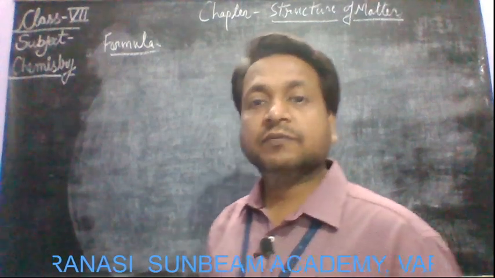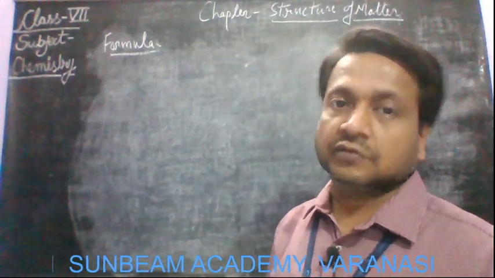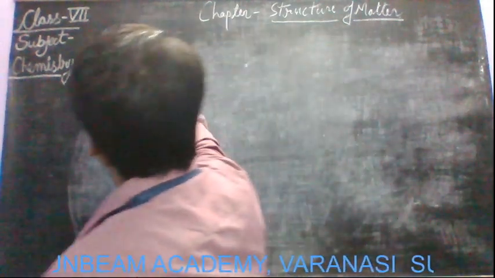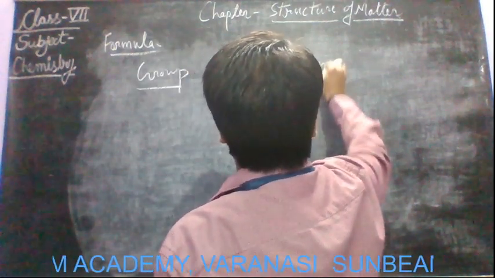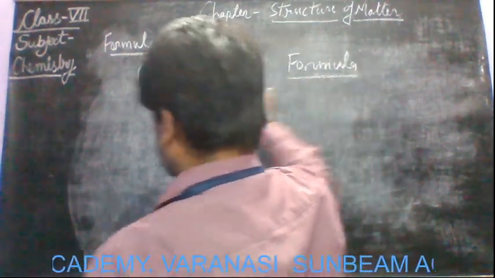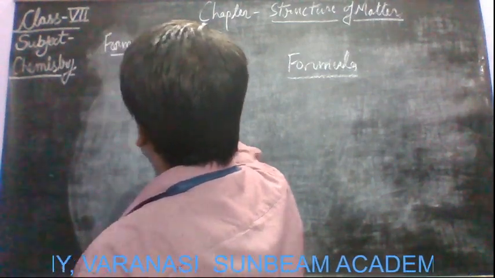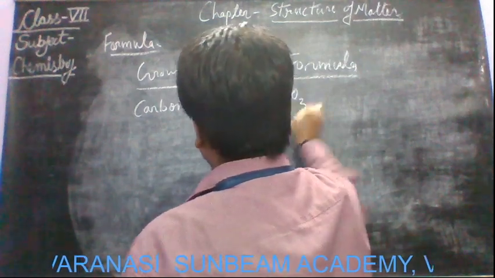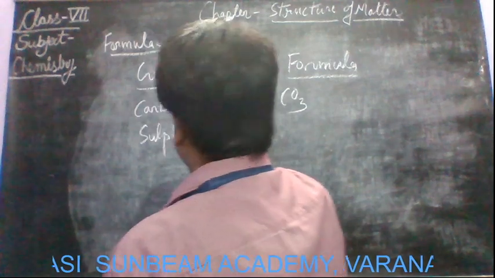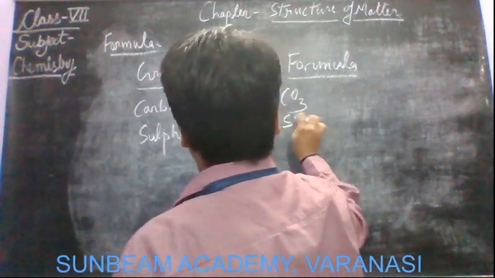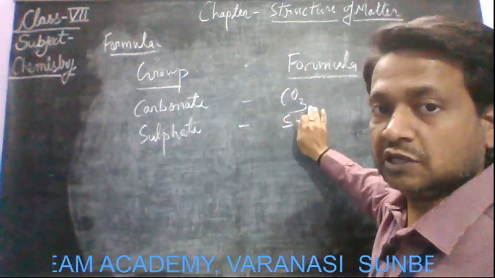Now children, I have some more examples of the groups of chemicals, like carbonate, the formula is CO3.